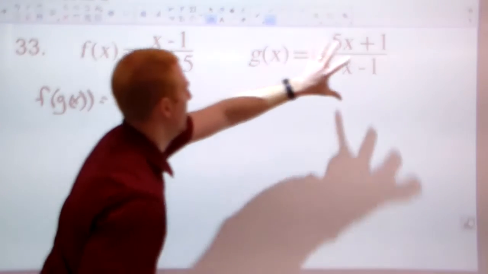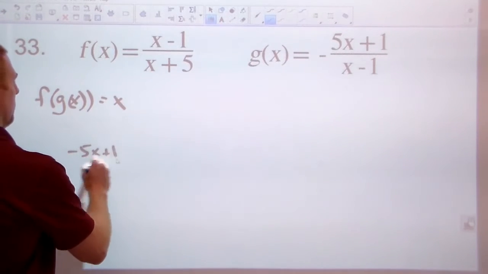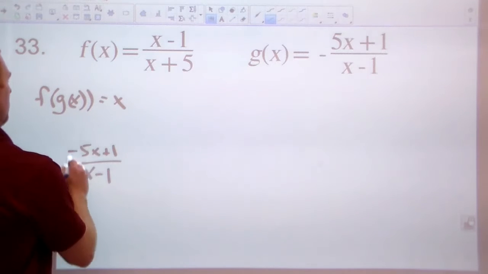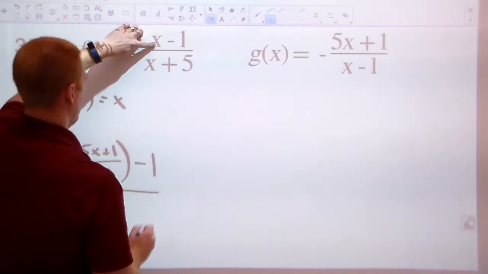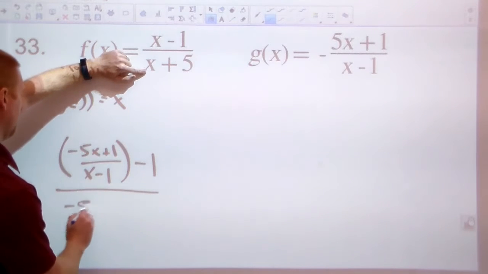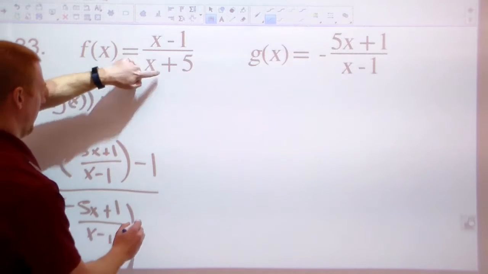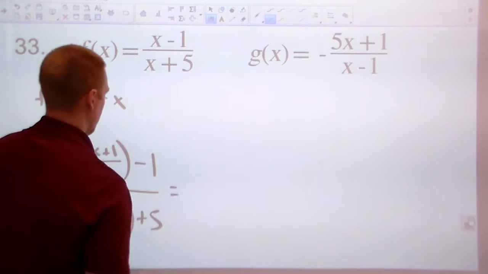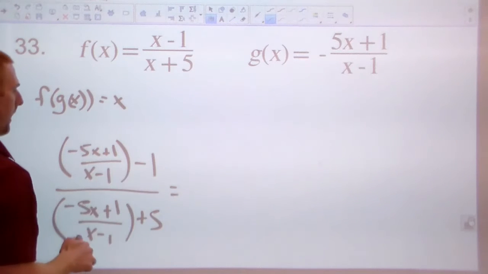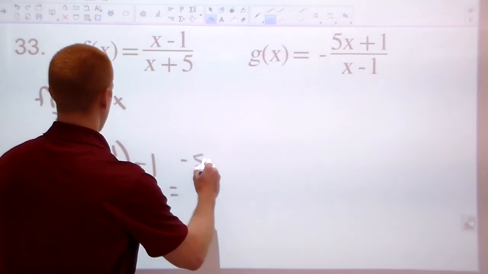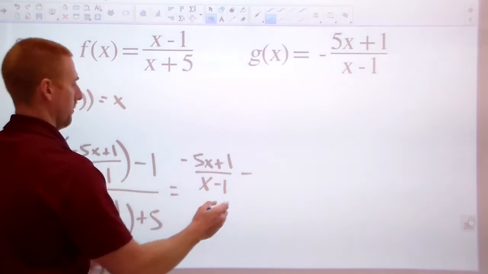So that means that g goes in place of x over here. So negative 5x plus 1 over x minus 1. And then that was all x, so minus 1. And then for x down here, same thing. All that replaced x, so plus 5. Okay, let's see what we can simplify down. Well, if we're going to subtract 1 from this, then the common denominator would be x minus 1.